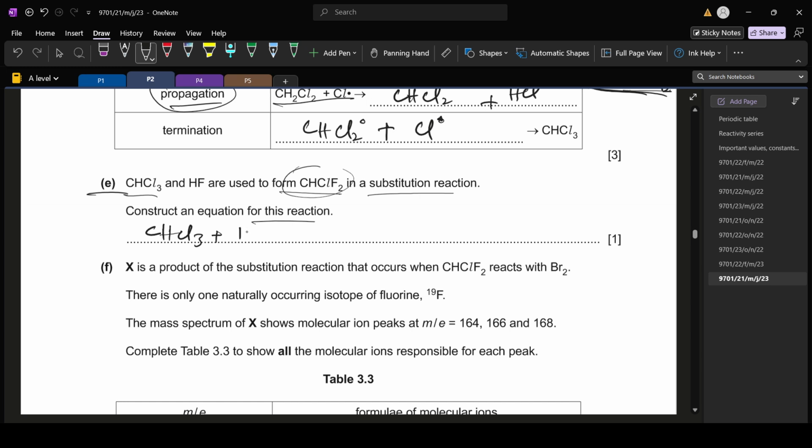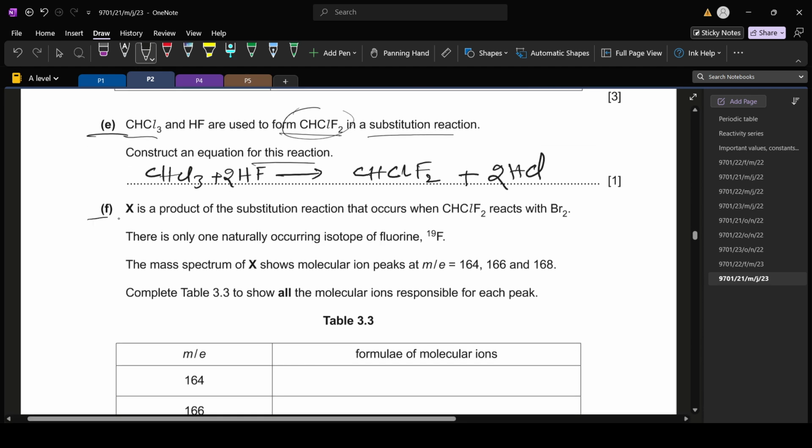CHCl3 plus HF both react to form CHClF2 plus, the species which is removed is one Cl, HCl. Now balance the equation, so you will get it like this. So this is your balanced equation.